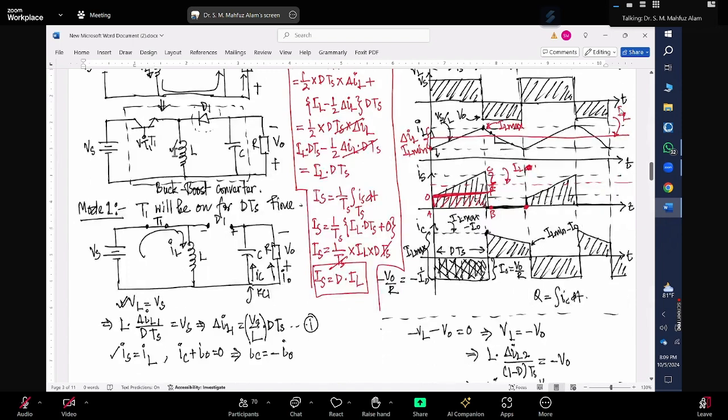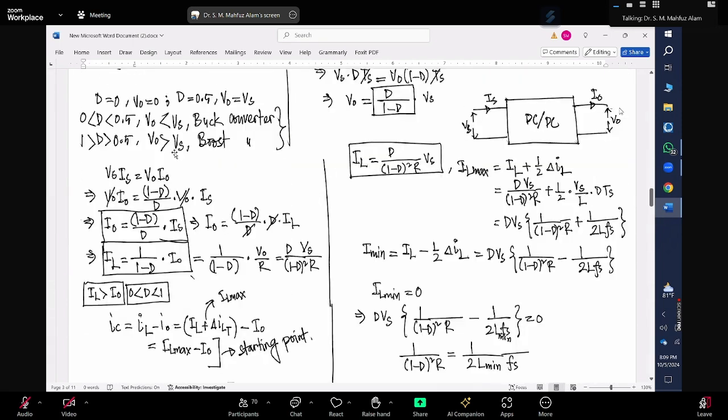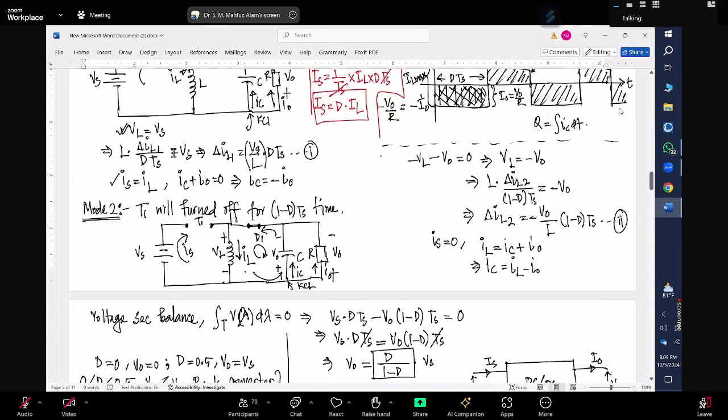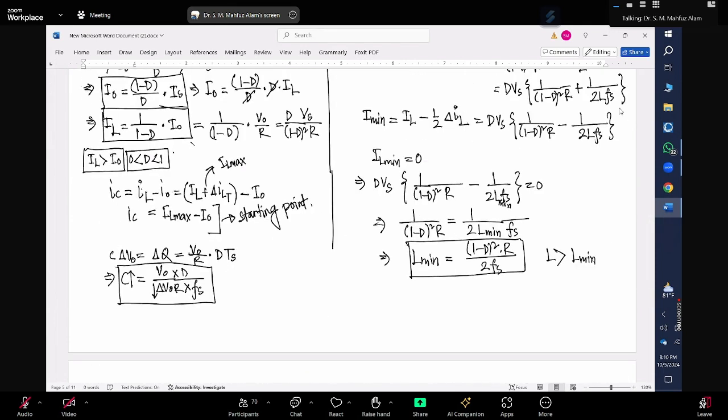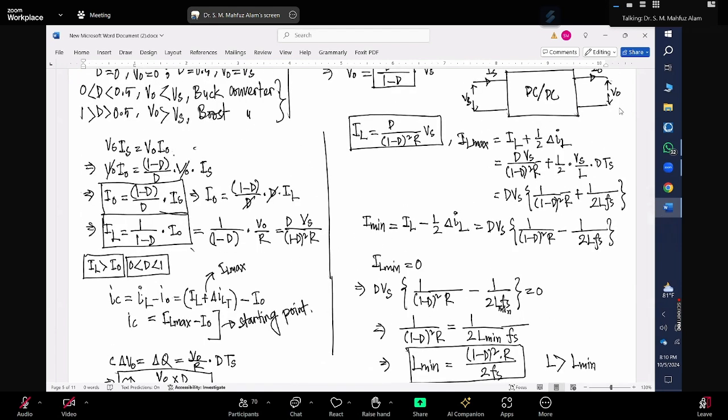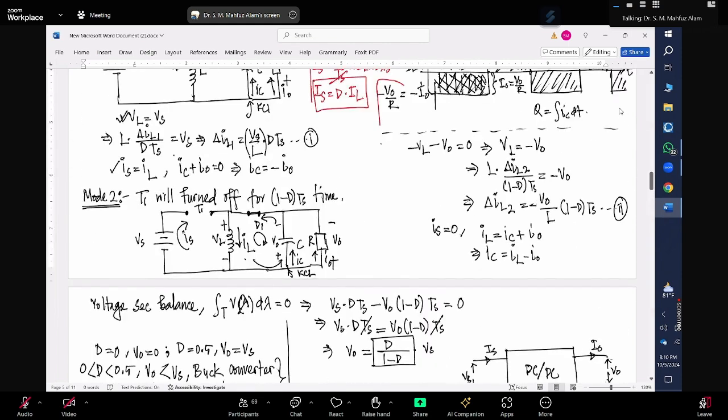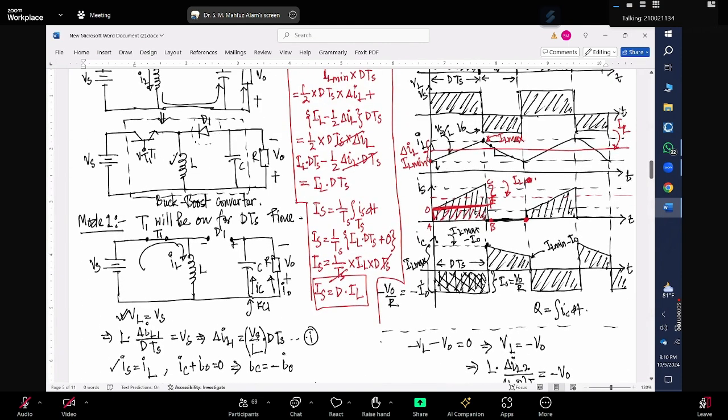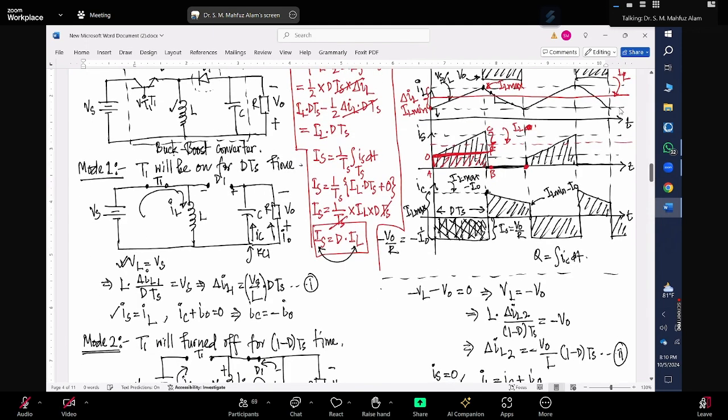But in the case of the buck boost converter, why have we chosen equation 1? In the buck boost converter, we choose equation 1 because, as you can see here, your source current is directly related to the inductor current, right? Yes, sir. Meaning the source output is dependent on what? Inductor charging, right?